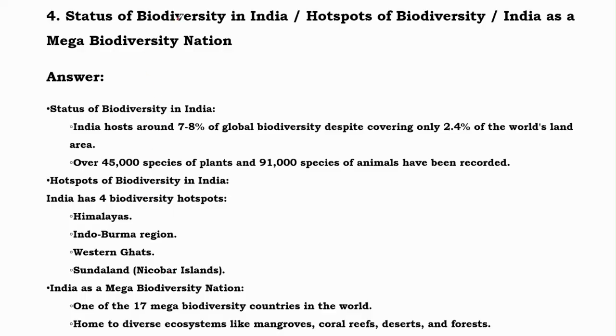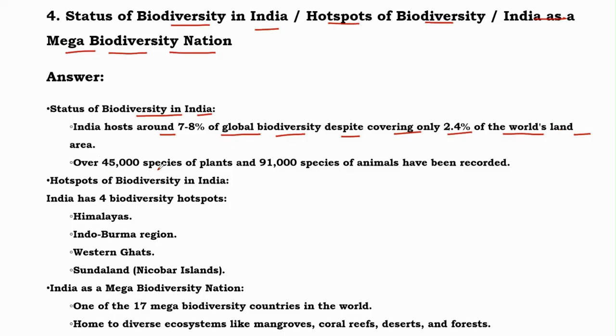Then you have state of biodiversity in India, hotspots of biodiversity, India as a mega biodiversity nation. Status of biodiversity in India: India hosts around 7 to 8% of global biodiversity, despite covering only 2.4% of the world land area.